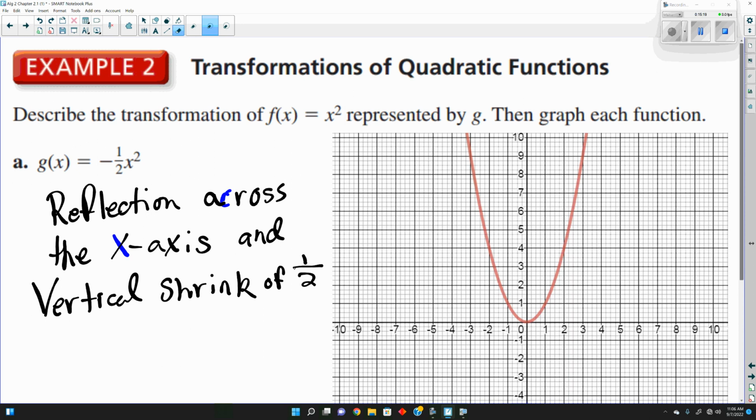Vertical shrink of 1/2. When we talk about vertical stretch or shrink or horizontal stretch or shrink, we've got to put the amount that it was stretched or shrunk by. Focus in here. Questions on this here?